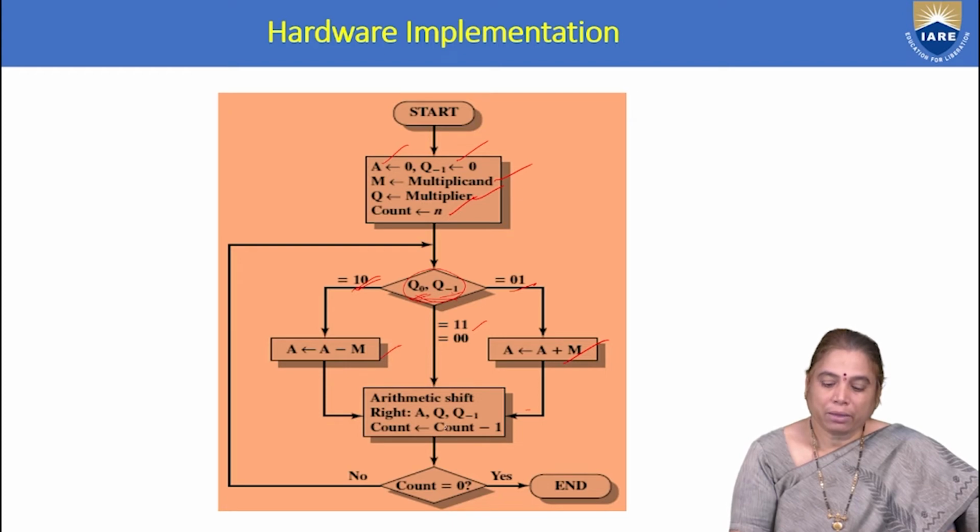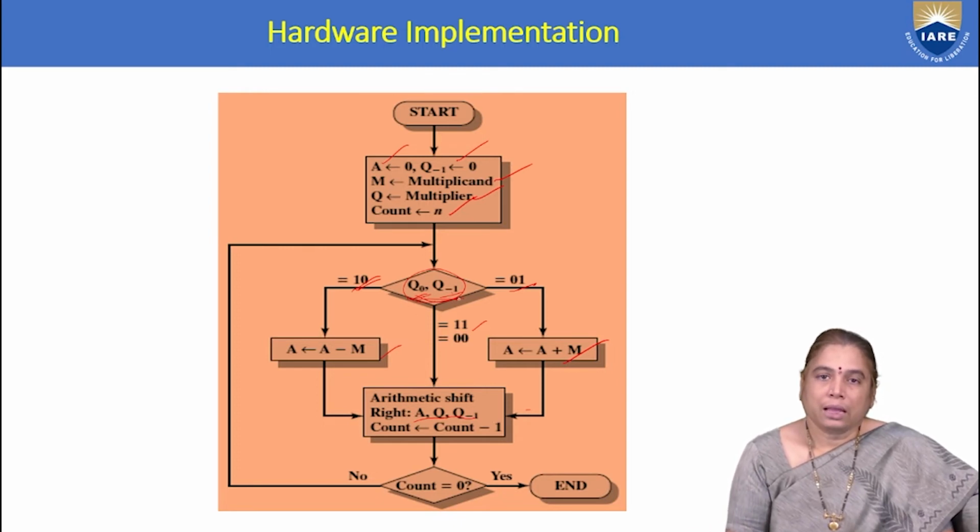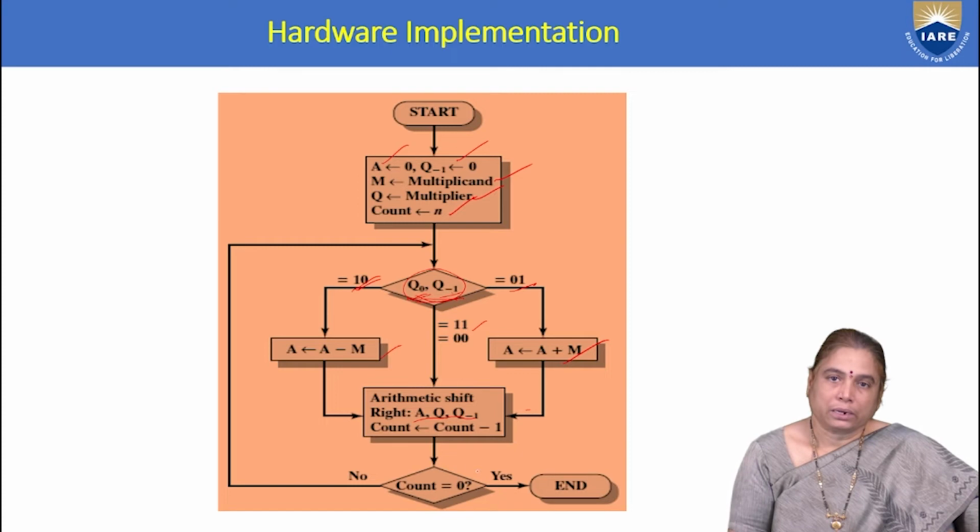If Q0 and Q1 contain 1, 1 or 0, 0, then directly the arithmetic shift right operation is performed on A, Q0 and Q1 and the count is decremented by 1. After performing these steps by checking the 2 bits, the LSB of Q0 and Q1, the counter value is checked.